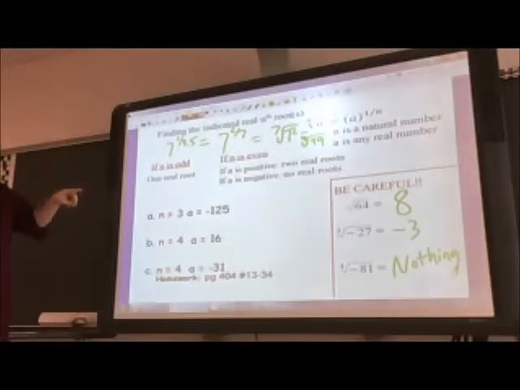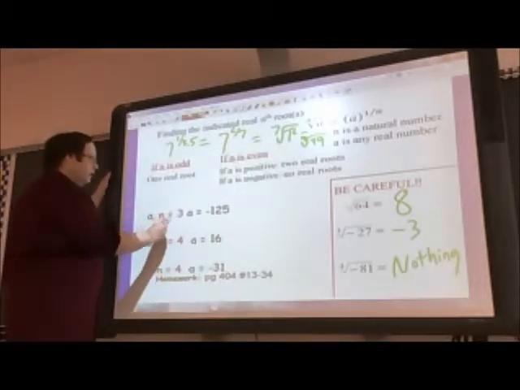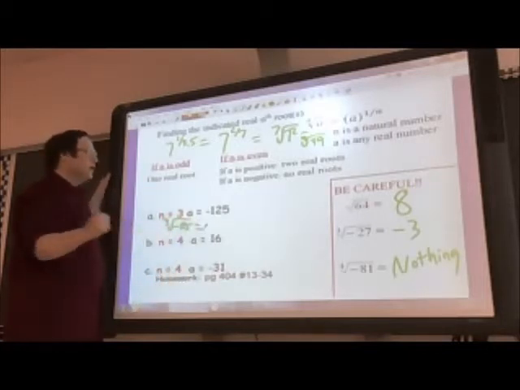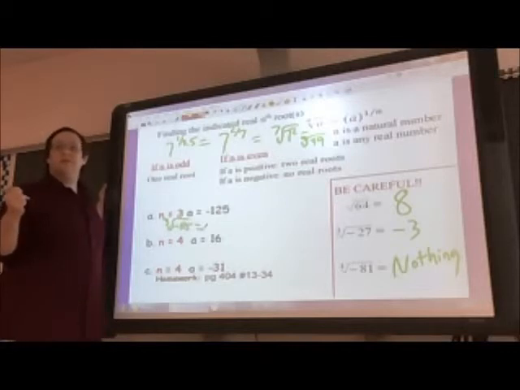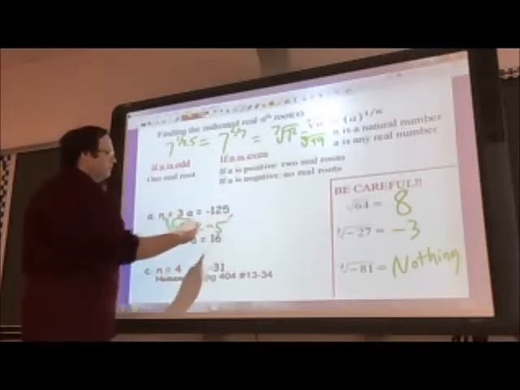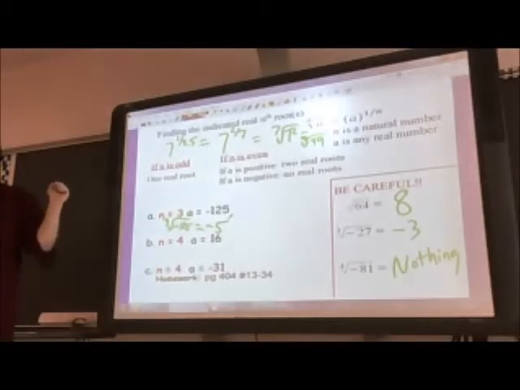So let's see. This is going to be written as the cube root of negative 125. Anybody know what the cube root of negative 125 is? What's the cube root of 125? Anybody remember that one? It's 5, right? So the cube root of negative 125 will give you negative 5. It helps in this case to remember your cube roots.